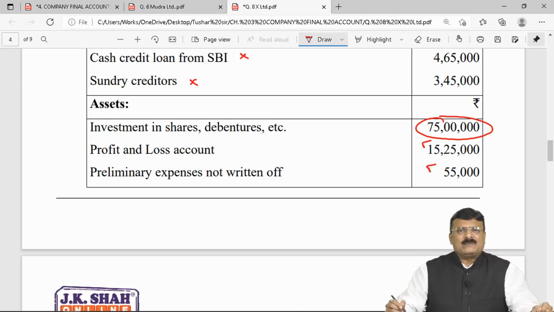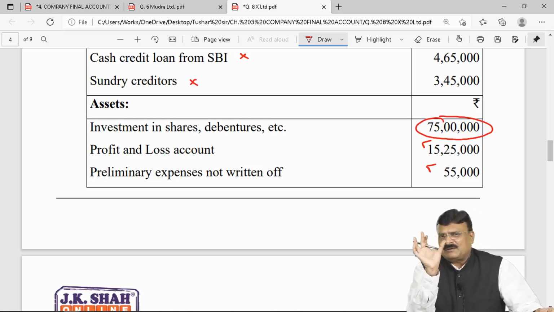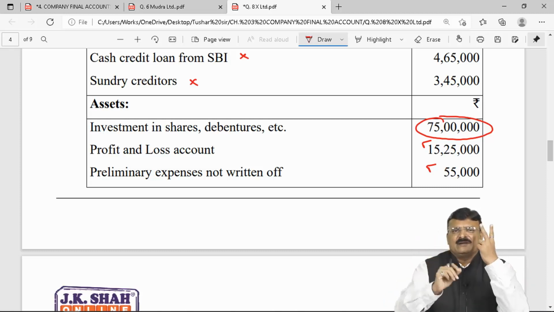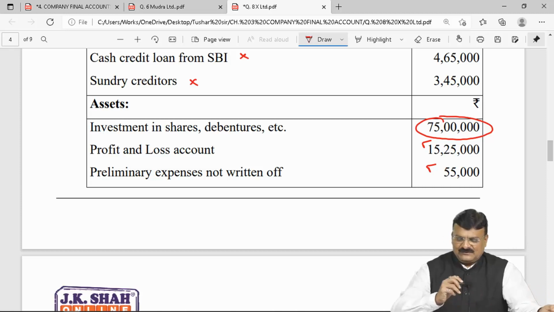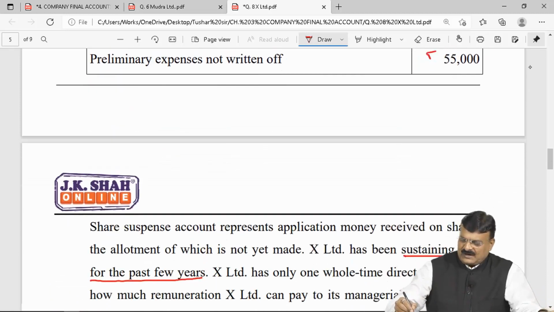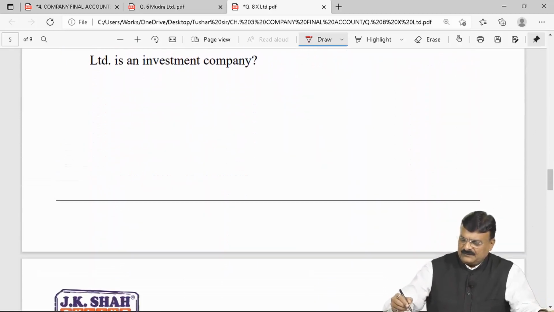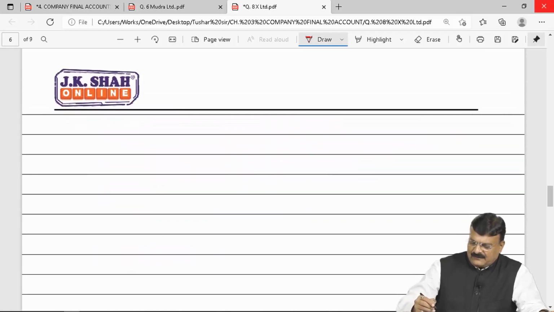While preparing the solution, what you should do is leave big space for particulars of effective capital and then two columns. Column 1, investment company, where you don't subtract 75 lakhs, and column 2, non-investment company, where you subtract 75 lakhs. Get the total.